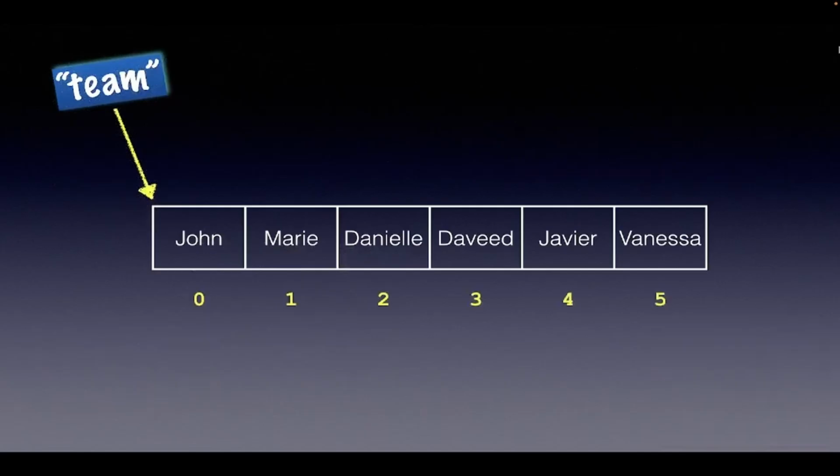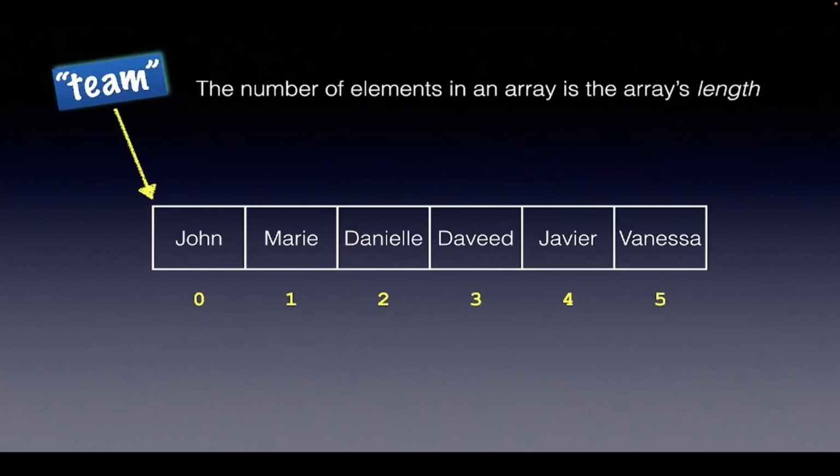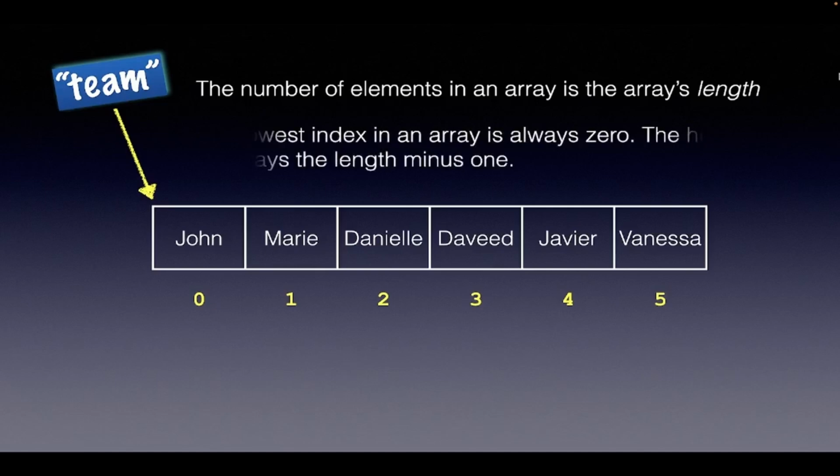And the total number of elements in our array is what we call the array's length. So in this case, our array holds the names of 6 different team members. That means it is an array with a length of 6. There's an important relationship between the index numbers and that length. And this is true in almost every single programming language. There are a couple oddballs out there, but certainly any that you're going to deal with in my classes.